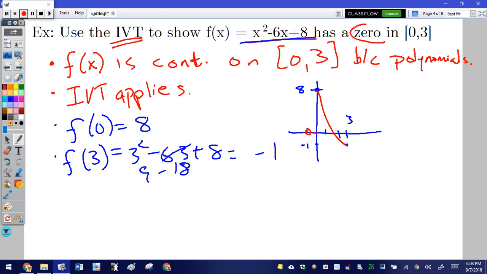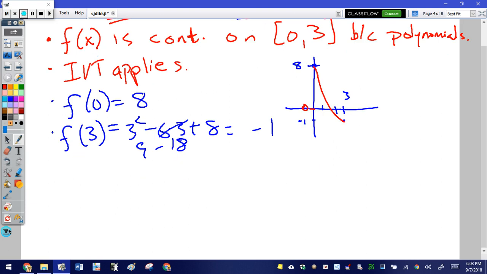And we're sort of getting to the point here, right? So, how do we actually state our conclusion? That since we went from 8 to negative 1, we've got to pass through 0.